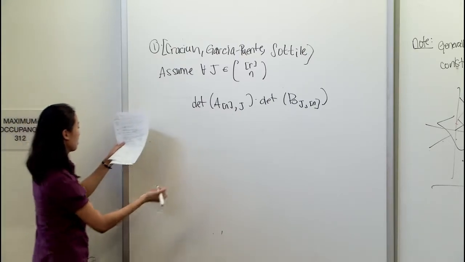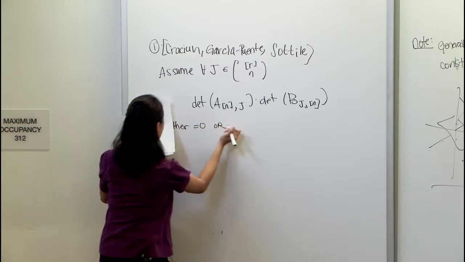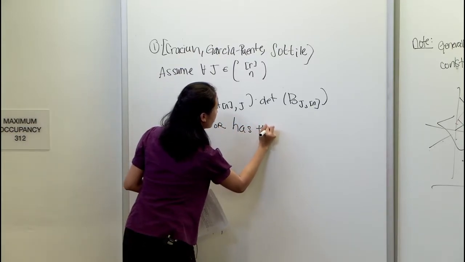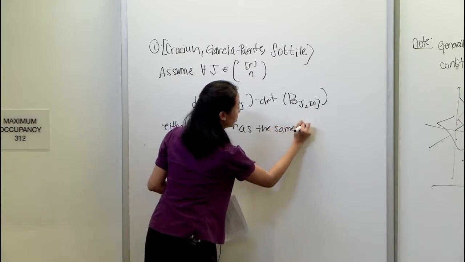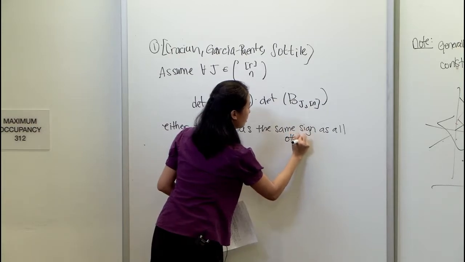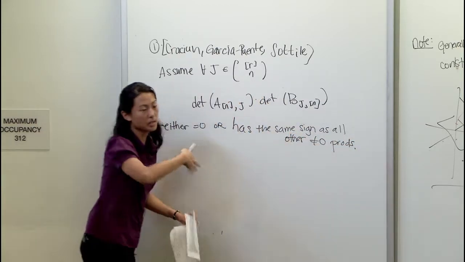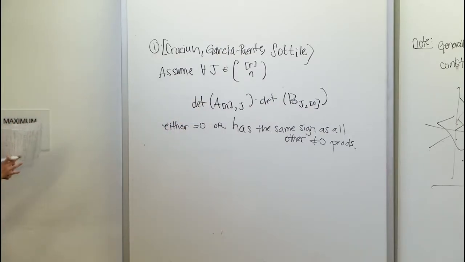So either is 0 or has the same sign as all other non-zero products. So I look at all these products. They should either all be strictly positive when they're non-zero or strictly negative when they're non-zero.